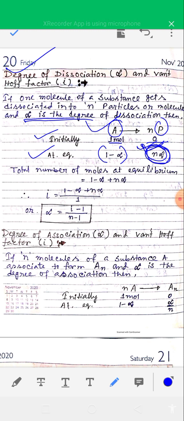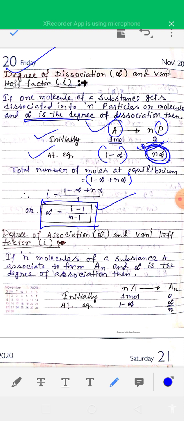So the total number of moles at equilibrium will be 1 minus alpha plus n alpha. Now the Van 't Hoff factor is the total number of moles of solute particles at equilibrium divided by the total moles of substance present in the solution before dissociation, that is 1. So i is equal to 1 minus alpha plus n alpha.